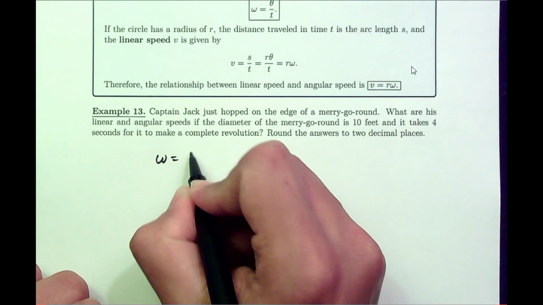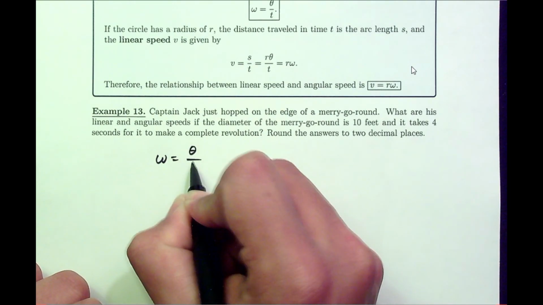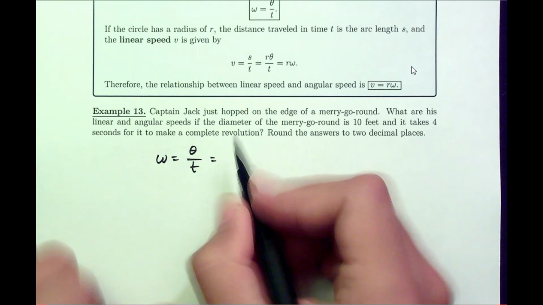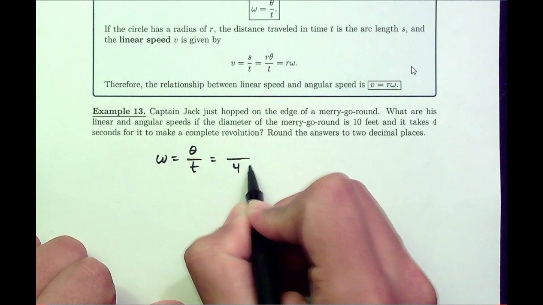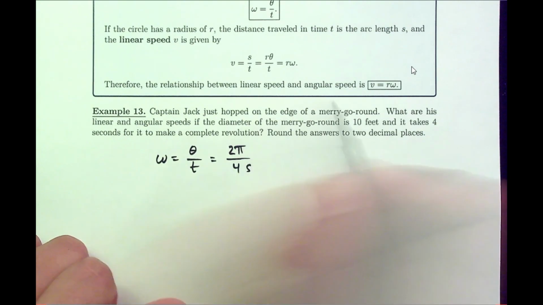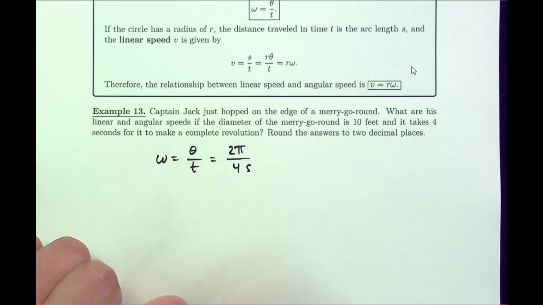The angular speed is just the angle divided by t. Now it takes him 4 seconds to do the whole revolution. So that means in 4 seconds, he completes 2 pi. He completes the entire circle. He goes around.